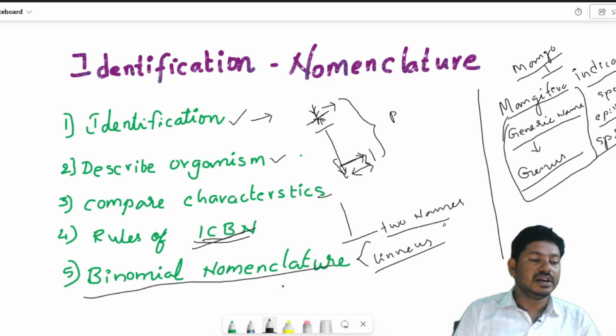So in binomial nomenclature, the ICBN provides some rules. What are those rules? Now we are going to discuss. First of all, every organism contains how many names? Two names, or two components.